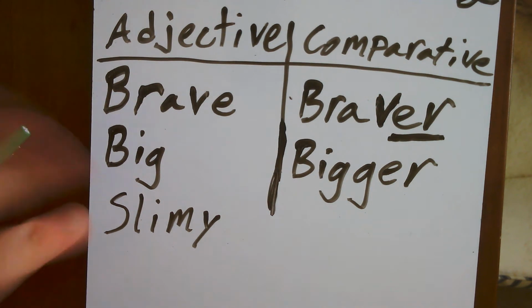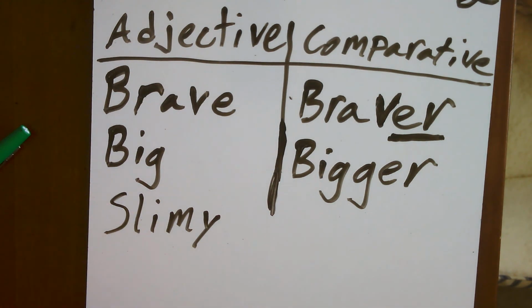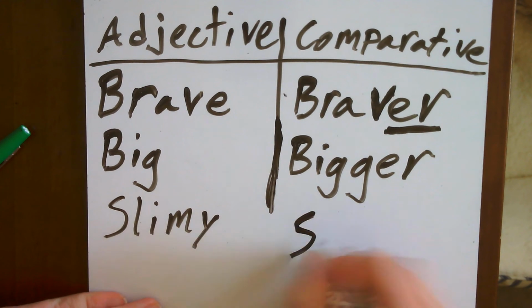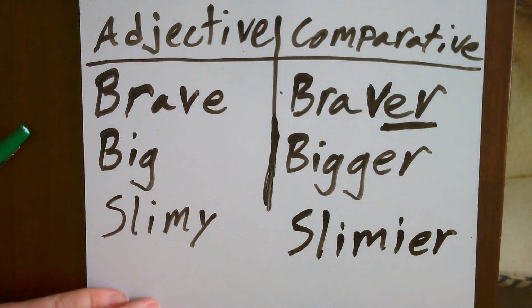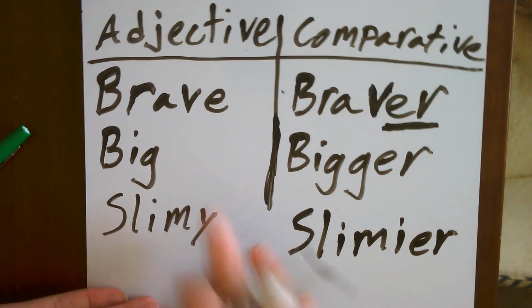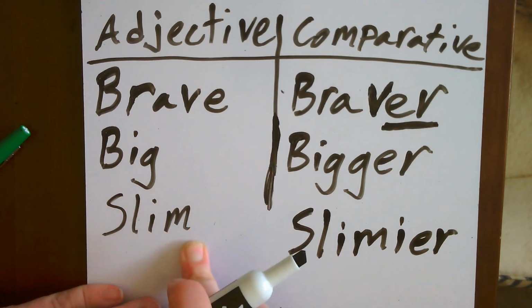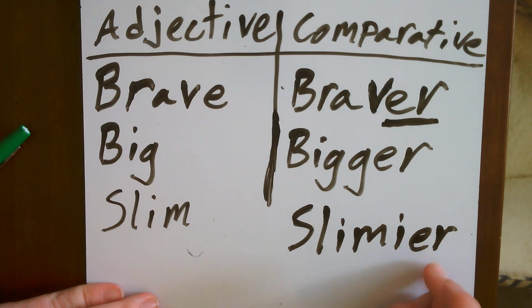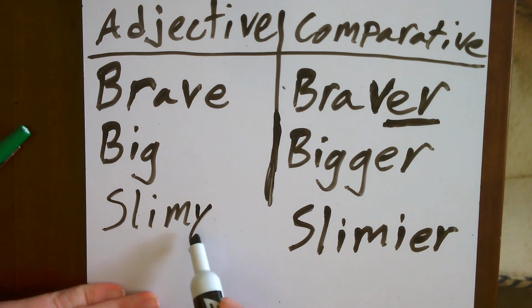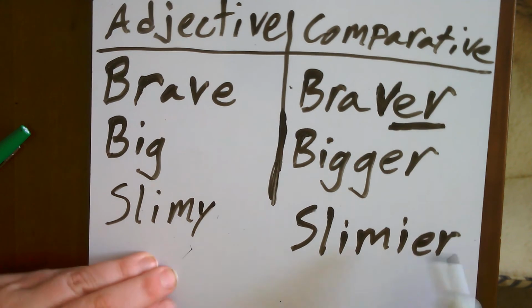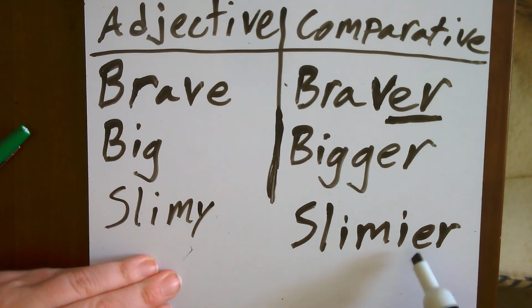It feels wet and kind of gooey. If you have two different kinds of slime and one has more liquid in it, it's going to feel slimier. You're going to take off your Y and add I-E-R. Okay? So, if your word ends in a Y, you take off the Y and add I-E-R.